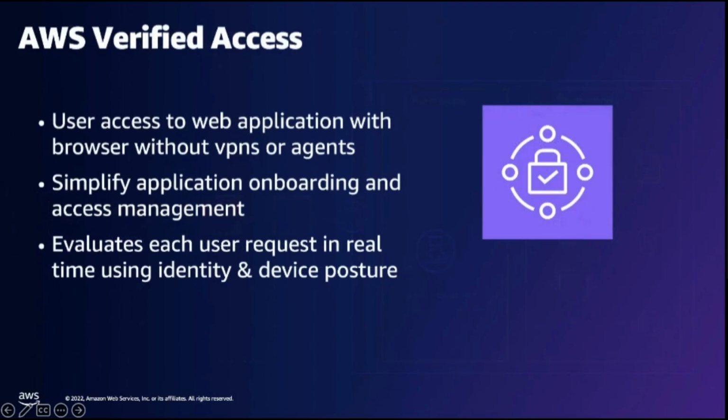Now, as mentioned, at AWS we're always looking to innovate on behalf of our customers. We're always looking to make life a little bit better and simpler for our customers. And we looked at ways to improve access for our customers, that human to application use case.